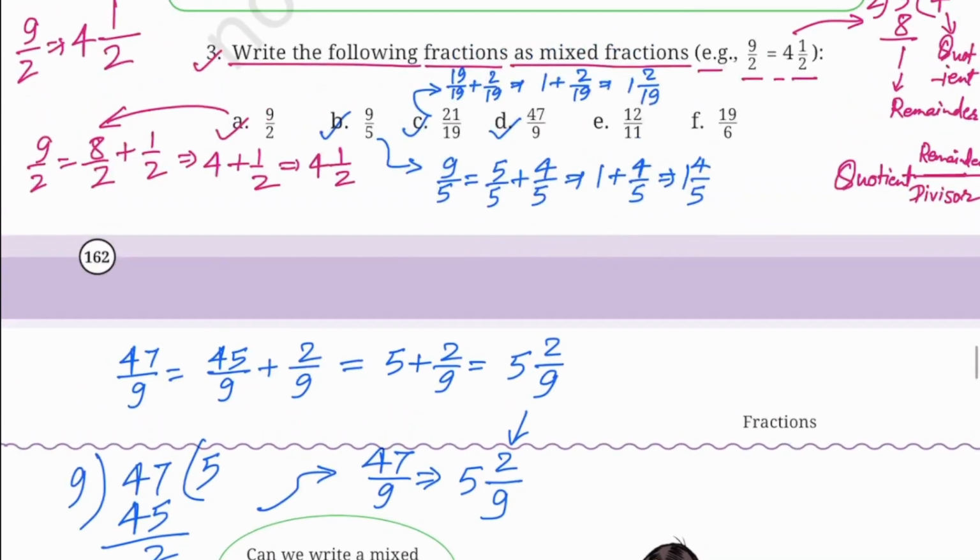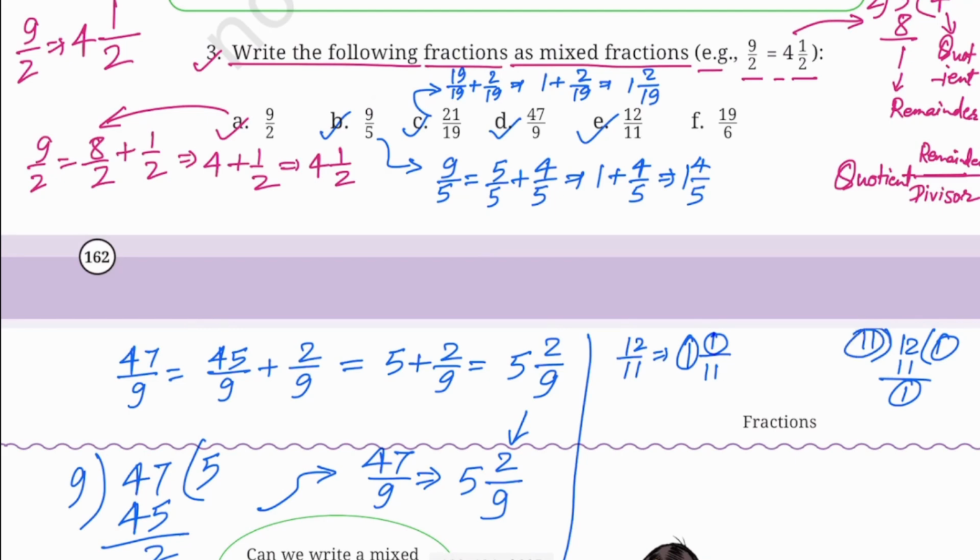Similarly, E. 12 upon 11. 12 upon 11 can be written as quotient, remainder and divisor. You can see quotient is 1, remainder is 1 and divisor is 11.